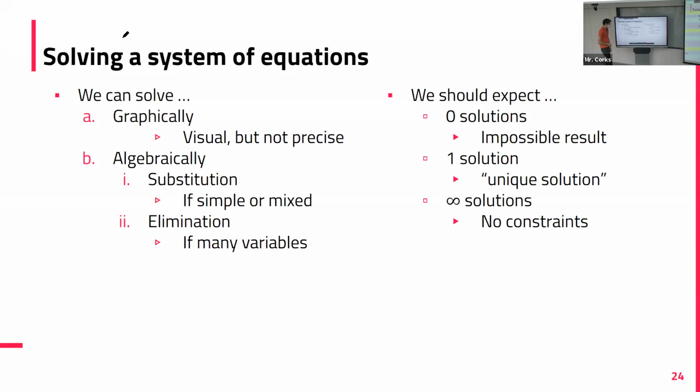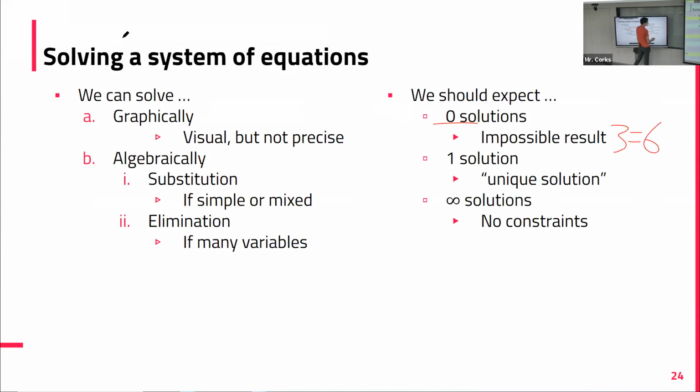All right, so just a quick summary. Graphing looks nice, not super precise. You want to verify your solutions with algebra. Substitution or elimination are the methods. And then these are the possibilities. When we do the algebra, we could have 0 solutions. So an impossible result, like we said, 3 equals 6 or something.